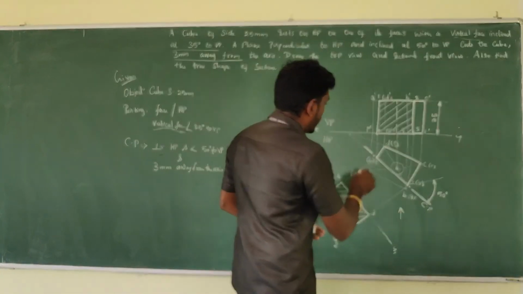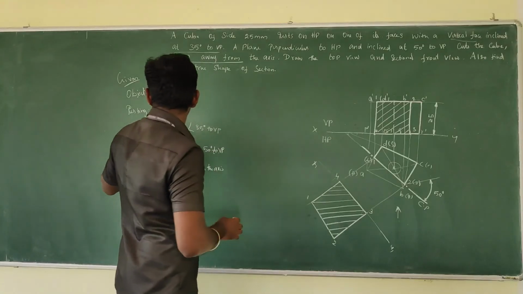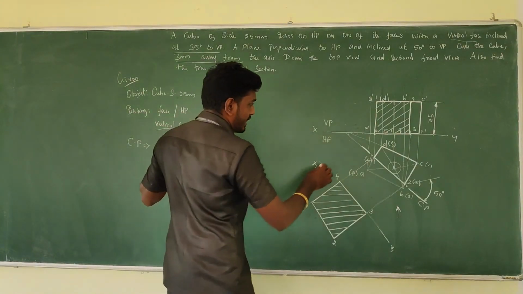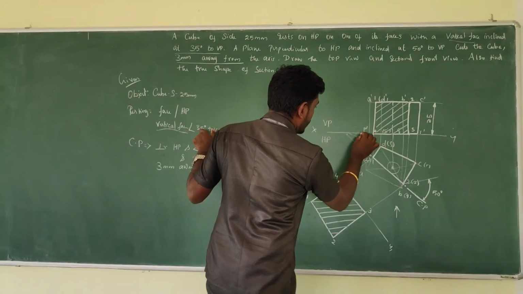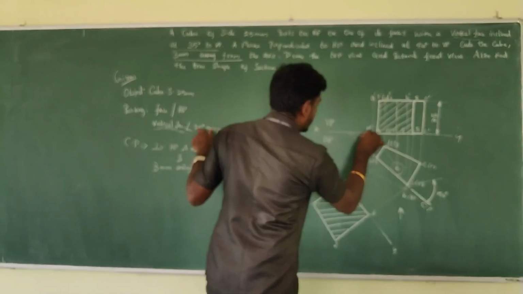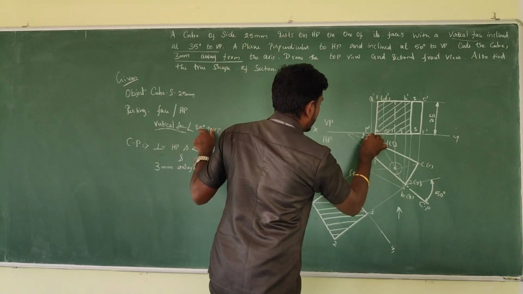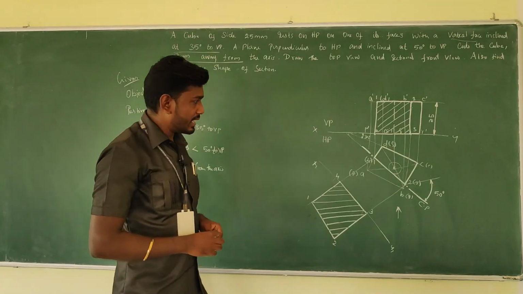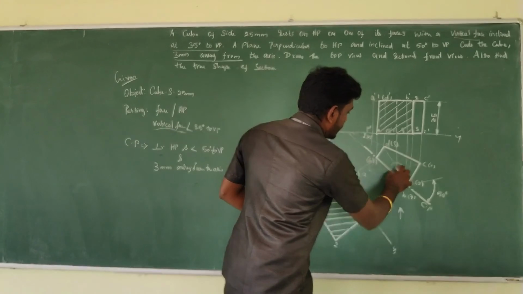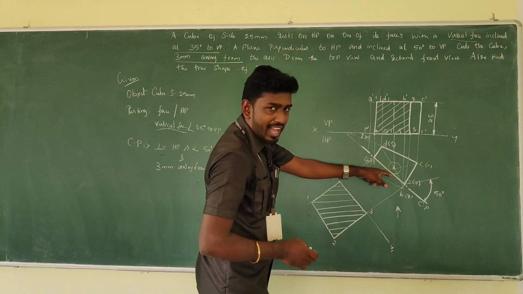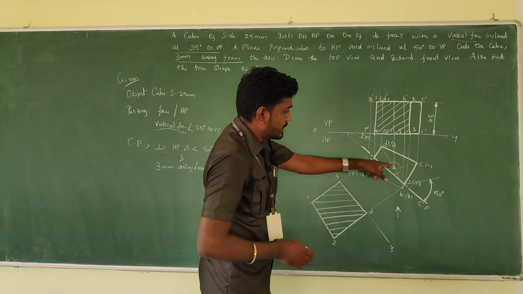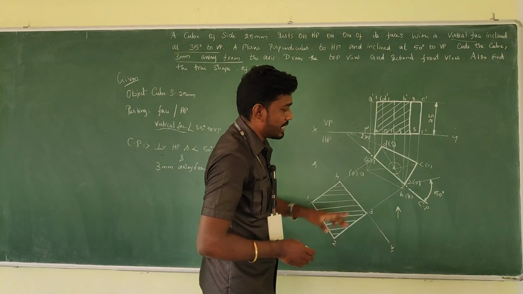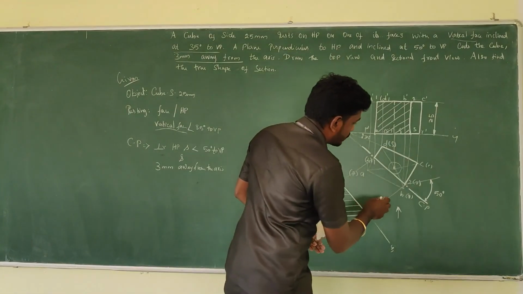And next the face is at 35 degrees, right? So here you can take the inclination like this and note 35 degrees, so that it shows one of the faces is at 35 degrees. And next, this tangent we have made 3 mm between the center, or between the axis and this cutting plane, am I right?